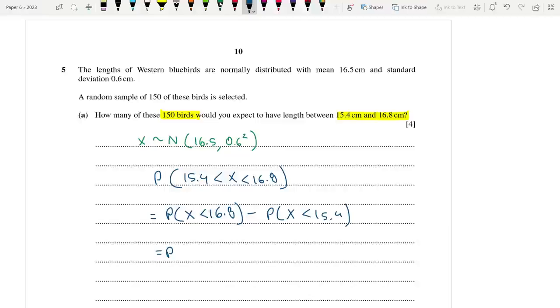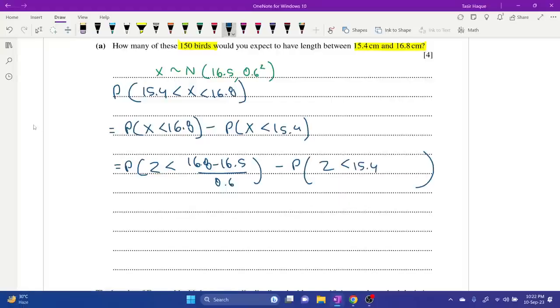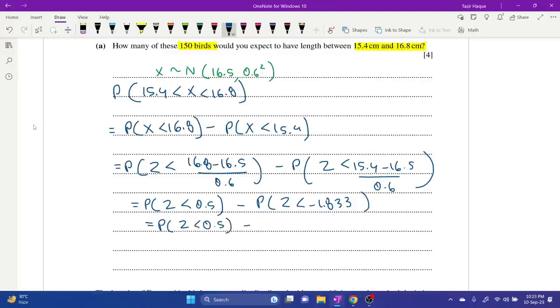So this is P(Z less than (16.8 minus 16.5) divided by the standard deviation) minus P(Z less than (15.4 minus 16.5) by 0.6), which gives P(Z less than 0.5) exactly, minus P(Z less than minus 1.833). Now you need to get rid of the minus sign. How do you do that? It's just 1 minus P(Z less than the positive 1.833).